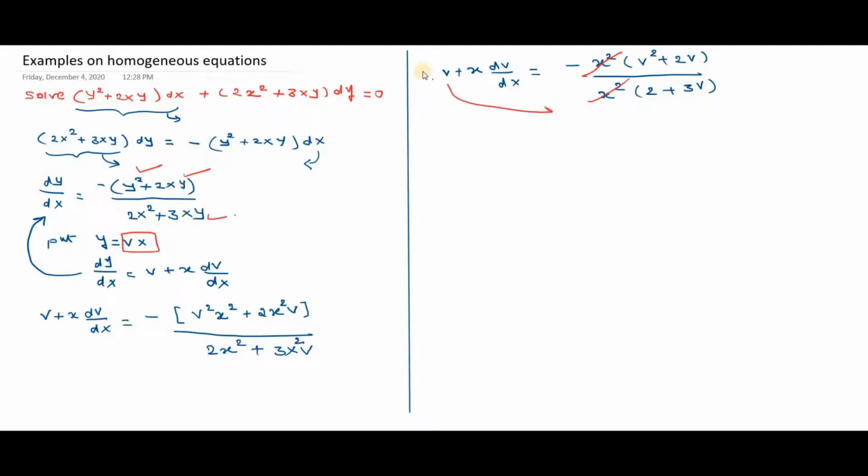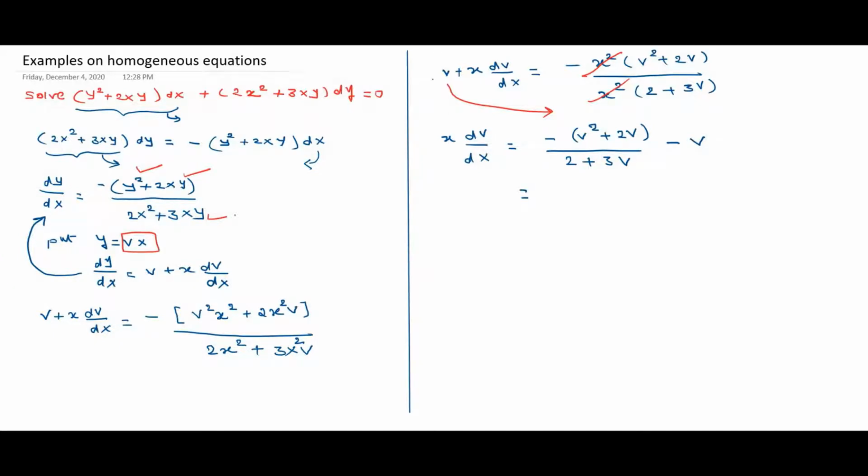Now transpose this v to the left hand side. So we get x into dv divided by dx is equal to minus (v square plus 2v) divided by (2 plus 3v), and transpose this v to the left hand side, you will get minus v.